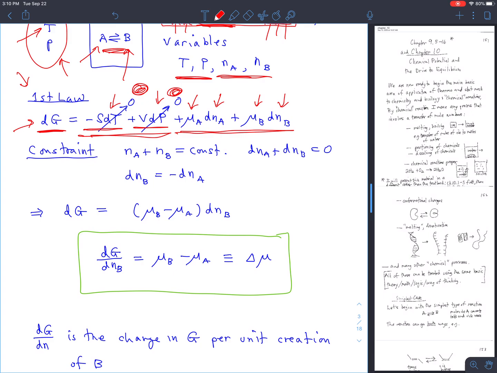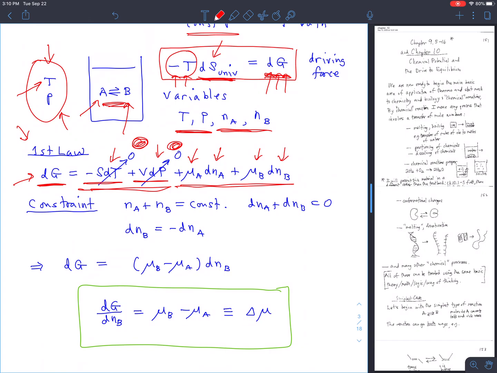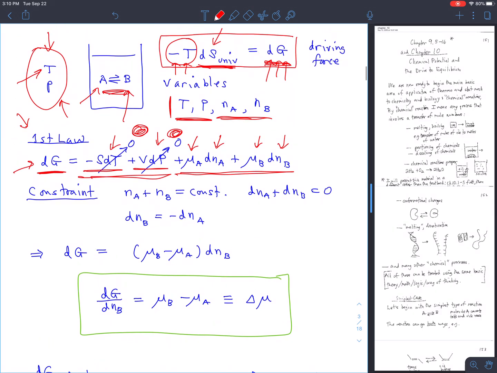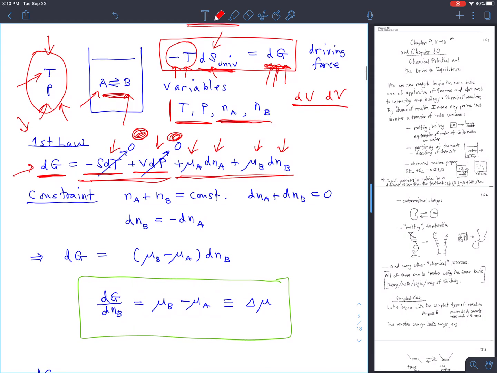It gives us a function that's already written in terms of the variables that are most useful to consider, namely temperature and pressure. We could do all this with the entropy of the universe itself, but then we'd have things like dU and dV to worry about, and those are unnatural variables for these sorts of conditions. And so using Gibbs free energy has the advantage of right away putting us into the right ballpark for what we want to do.